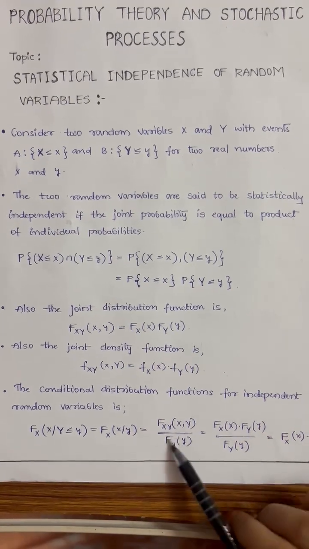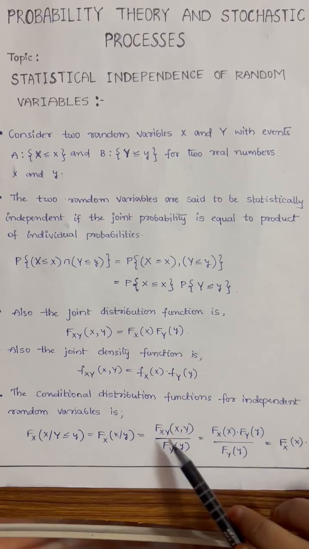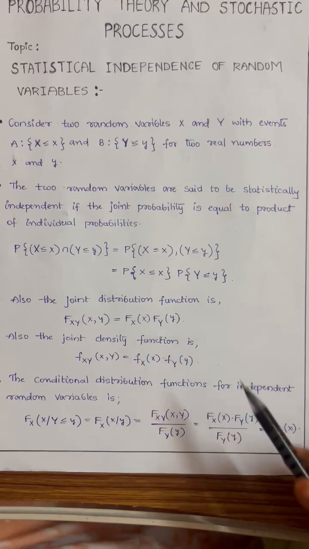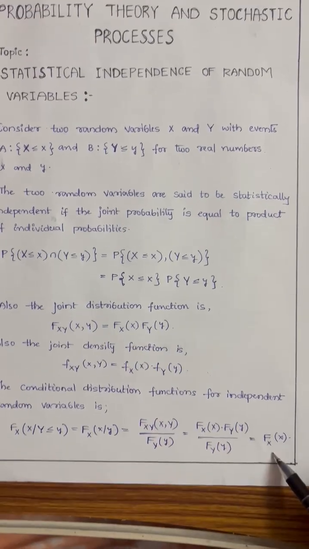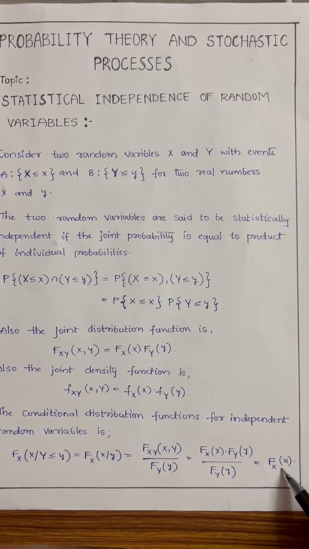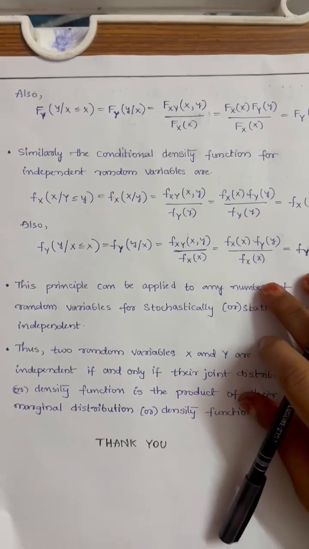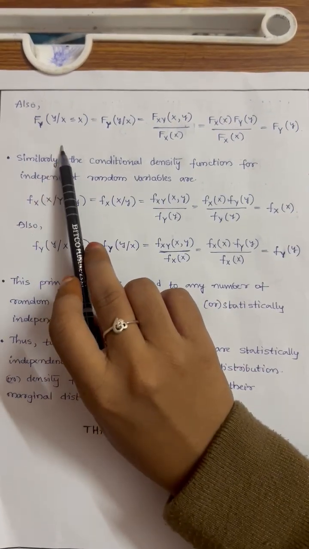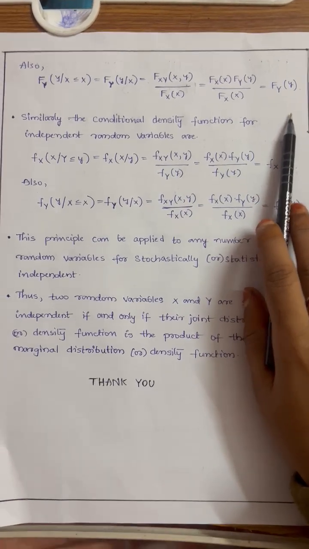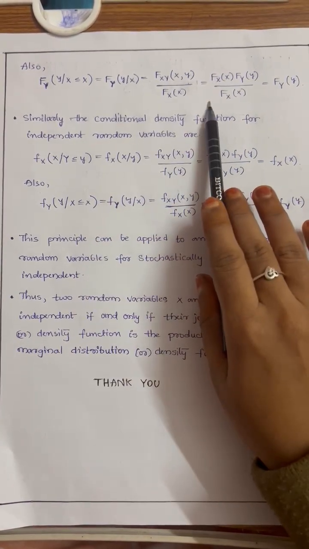So here we can write FXY of x comma y as FX of x into FY of y, and we get FX of x. This is the marginal distribution function of x. And similarly, we can write for the random variable y and we will get the marginal distribution function of y. This is for distribution functions.